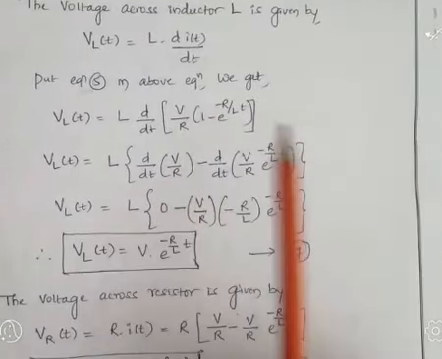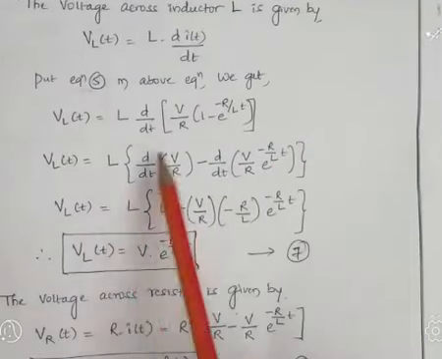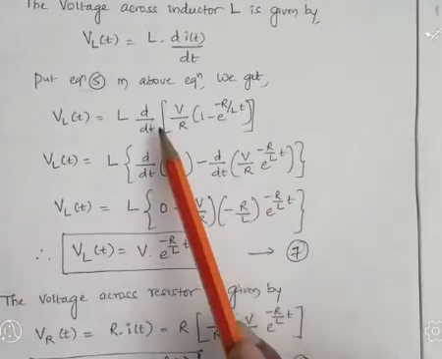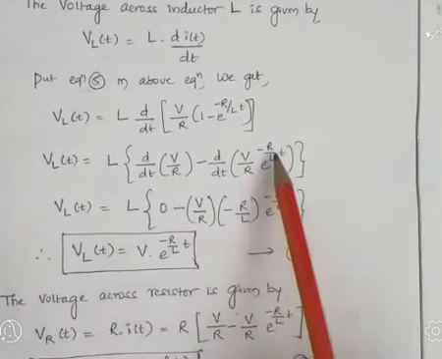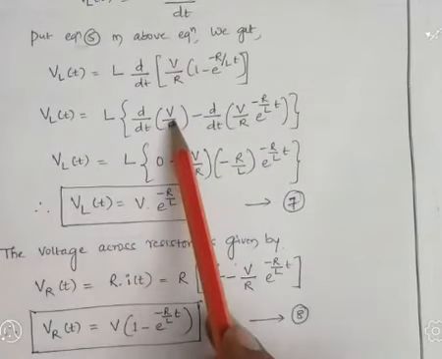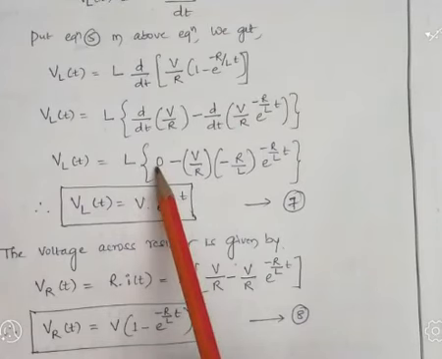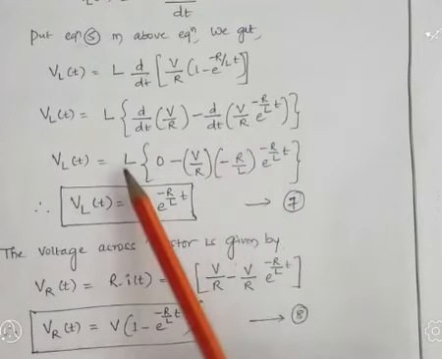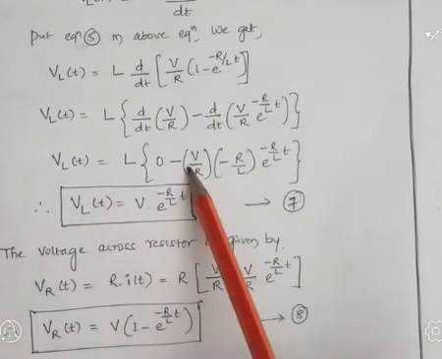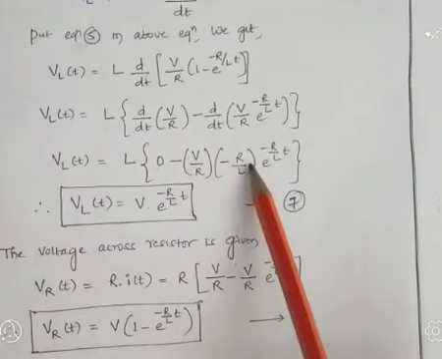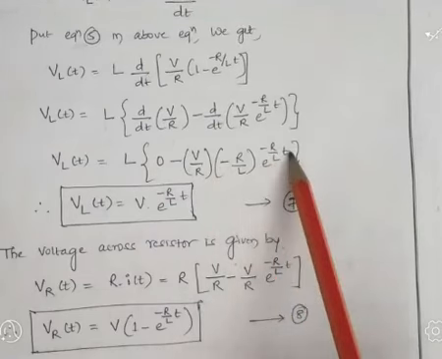Let us differentiate this term. L as it is outside, differentiation of V by R minus differentiation of V by R into e to the power minus R by L into t. Differentiation of V by R, there is no t term, hence it is a constant. So differentiation of a constant is 0. Next, coming to here, the t term is there. V by R is constant, take it outside. Differentiation of e to the power minus R by L into t, we will get minus R by L into e to the power minus R by L into t.